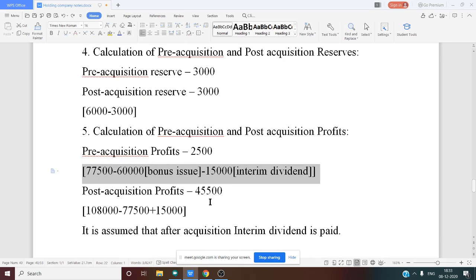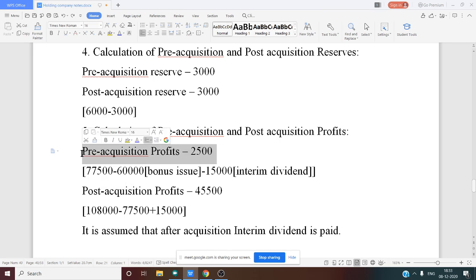So now the final pre-acquisition profit balance: 77,500 minus 60,000, you will get 17,500. 17,500 minus 15,000, you will get 2,500. So final pre-acquisition profit after all the settlement is only 2,500. Now this is clear.